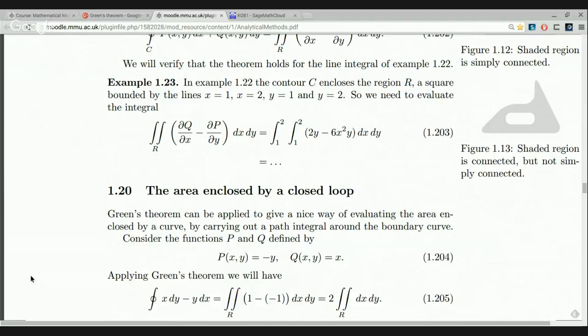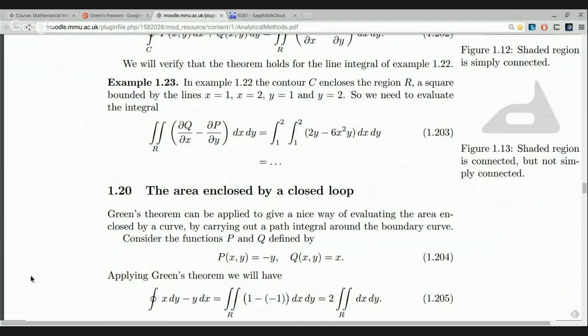So we leave the outside integral alone, and we perform the inner integral with respect to x, so we get 2yx minus 2x cubed y, evaluated at the limits 1 and 2. Those are limits for the x variable. When I evaluate at 2, I get 4y minus 2 times 8, so minus 16y. Then I subtract the evaluation at 1, which gives me 2y minus 2y, which is 0.